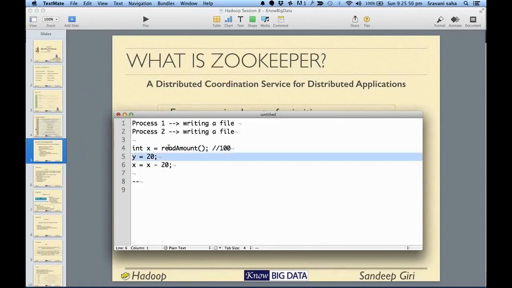And here, if the logic is not correct, it will say save x. Now, at the end of the process, your amount will be 80 instead of 60.